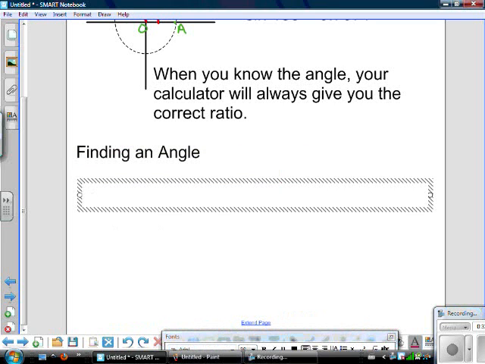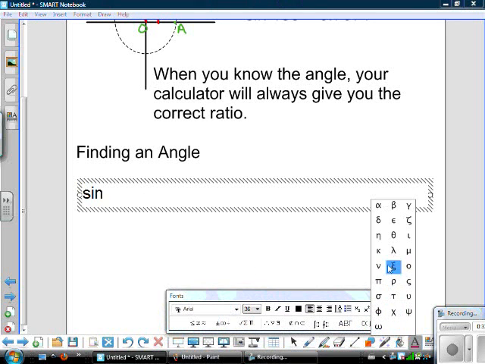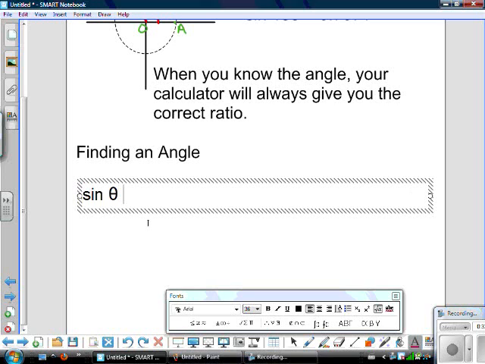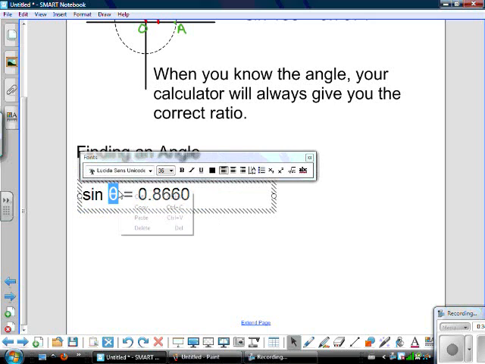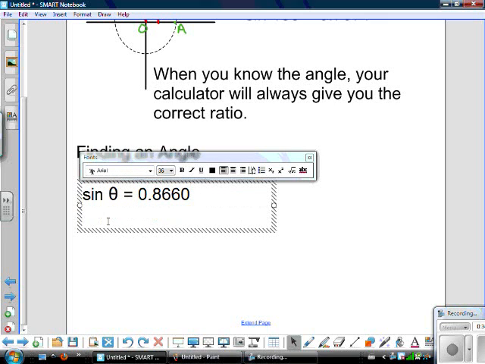So if I look at the sine theta equals 0.8660, and I need to find what theta is. Well, when I take my calculator, it'll tell me that theta equals 60 degrees.